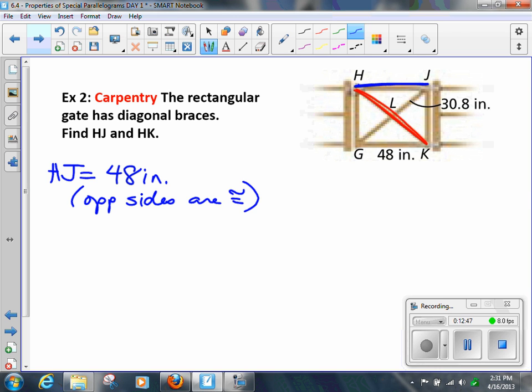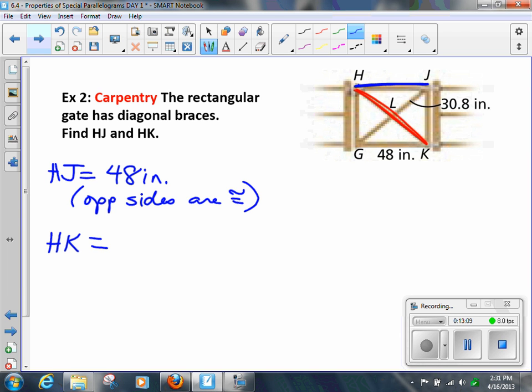What, Daniel? How are we going to find HK? Somebody's got to talk us through this. Say it again. Add them up.